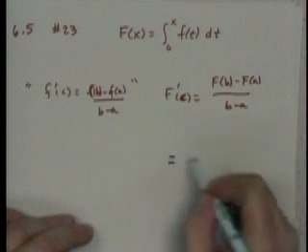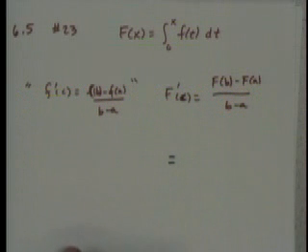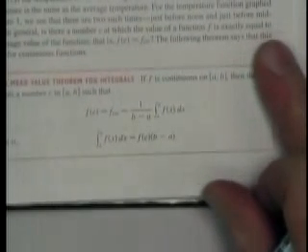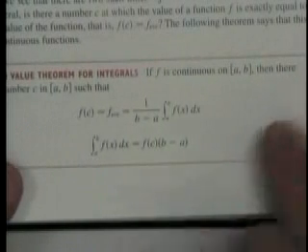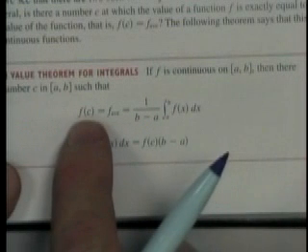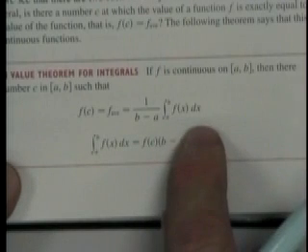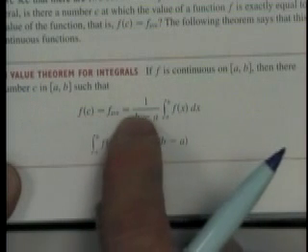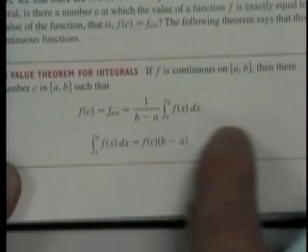We're trying to prove the theorem they have here, the mean value theorem for integrals. If f is continuous on [a, b], then f of c should equal 1 over b minus a times the integral from a to b of f of x dx.